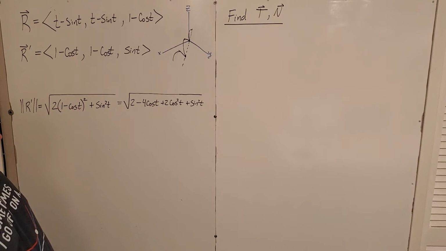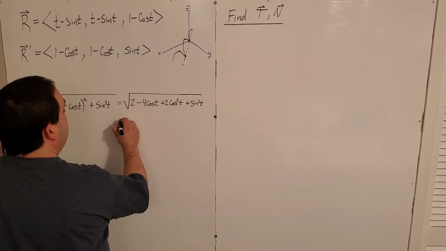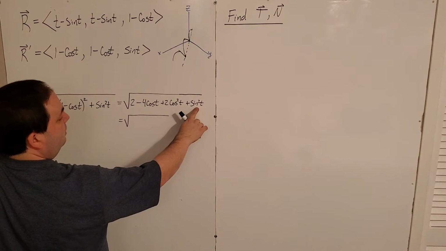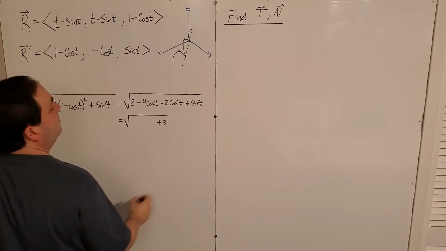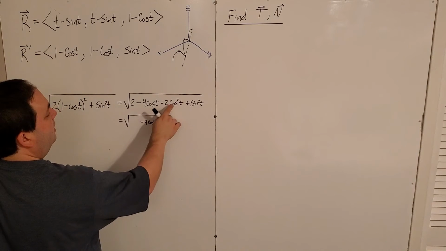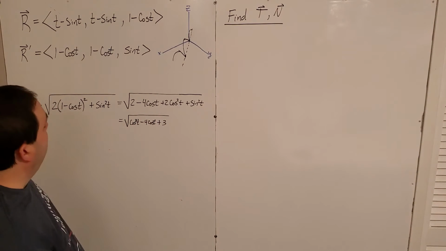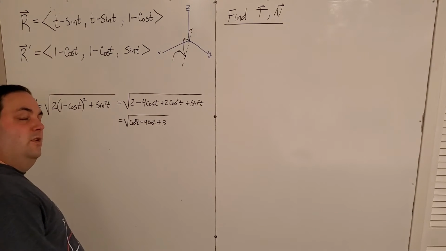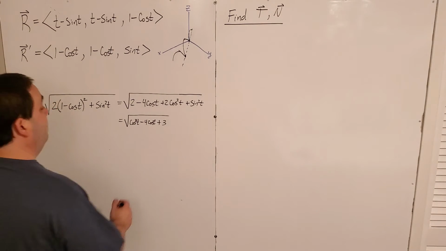Okay, now you can play around with this one a little bit more. You can eventually see that what I've got here is 1 of the cosine squareds plus sine squareds is a 1, plus the 2 gives me a 3. I still have the minus 4 cosine, and I still have 1 of the cosine squareds, right? And of course that doesn't factor into a perfect square, so what you're tempted to do to make your derivatives a little bit easier is maybe complete the square, right?